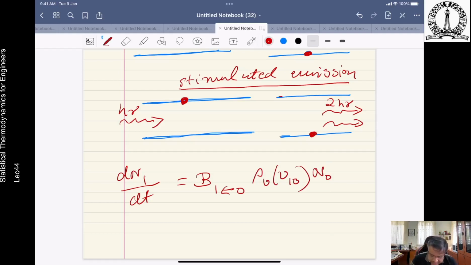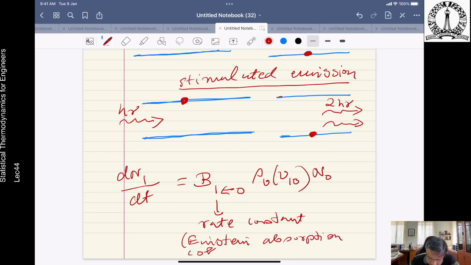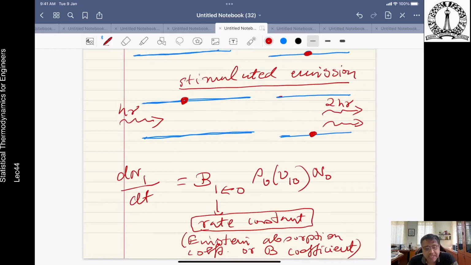Okay, so this is basically nothing but a rate constant, also known as the Einstein absorption coefficient, or B coefficient. All right, so this is called a rate constant. This rate constant is what is called the Einstein B coefficient or absorption coefficient.